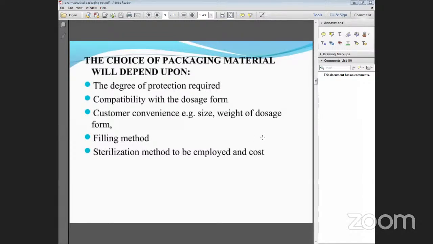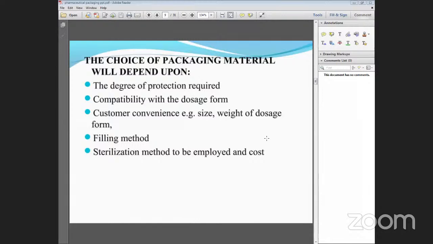Next is customer convenience: size and weight of the dosage form. It matters because if the dosage form is bigger in size or very heavy to carry, it will not be convenient for customers, or they will not be able to carry it.